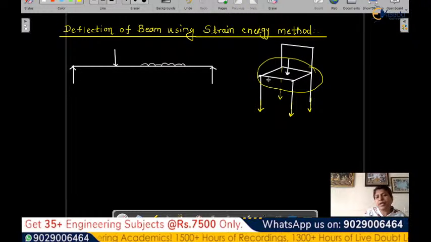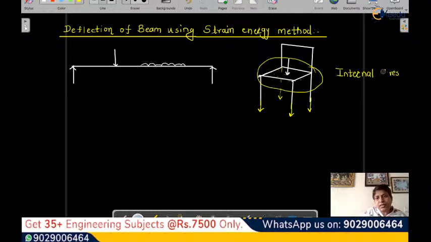When you are sitting on it, there is definitely some deformation, which is very negligible, because there is some internal resistance. And from your strength of materials, we know that internal resistance is nothing but stress.